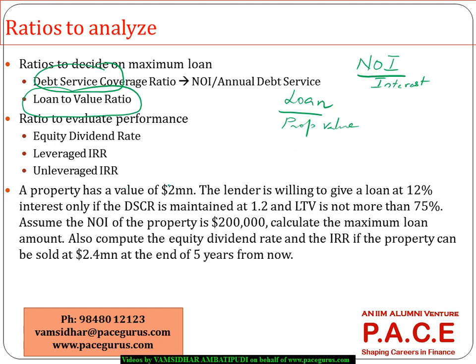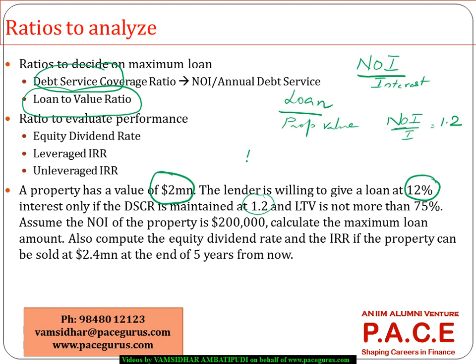Say a property has a value of 2 million. The lender is willing to give a loan at 12% interest only if the DSCR, debt service coverage ratio, is maintained at 1.2, meaning NOI by interest equals 1.2, and the loan to value ratio is not more than 75%.